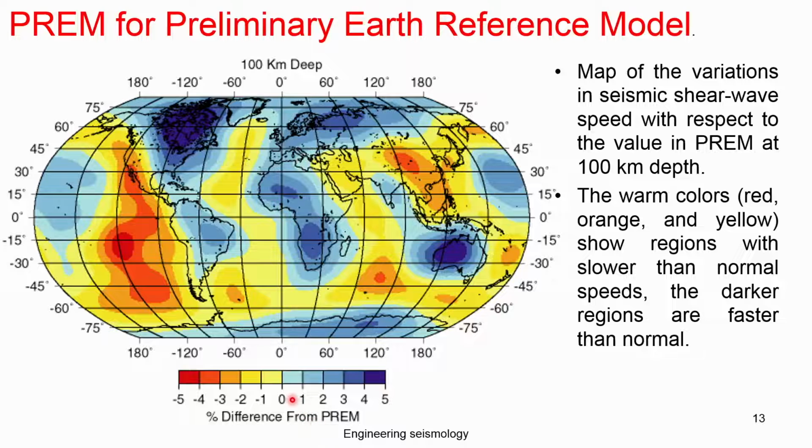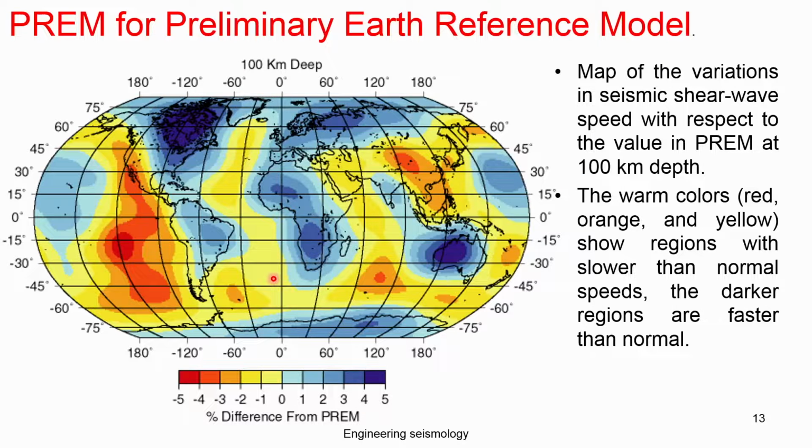You can see the variation: take 0 as yellow, and then you can see increase and decrease. The red is basically a decrease and the dark blue an increase. So, with respect to the average value in yellow, you can see how the stiffness and density of the material change.